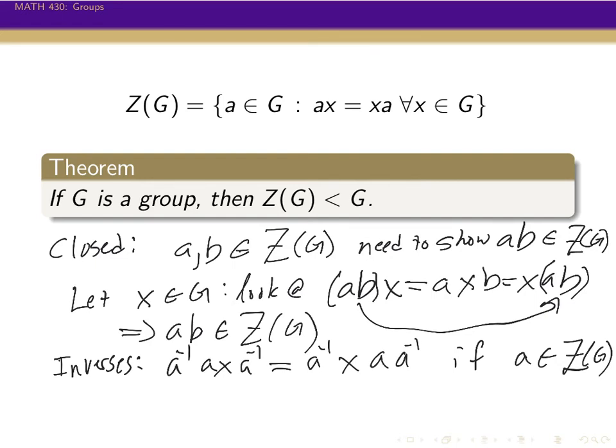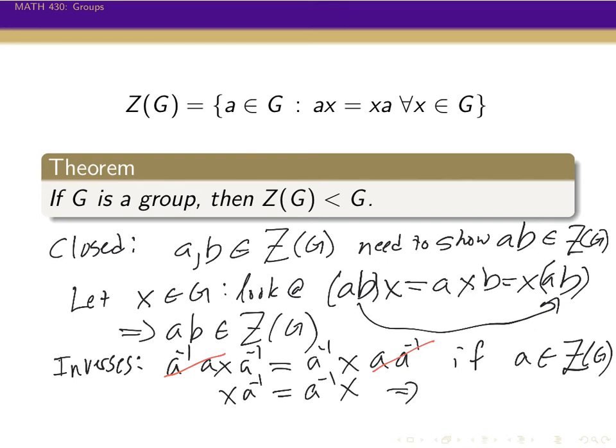Then if you look at this, on the left-hand side, the A inverse and the A on the left cancel themselves out. On the right-hand side, the A times the A inverse on the right cancels themselves off. And so we're left with x times A inverse is equal to A inverse times x.